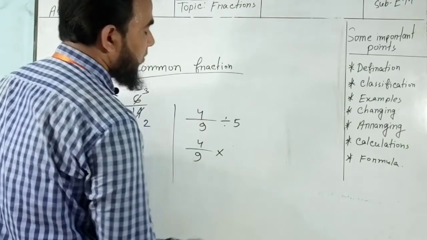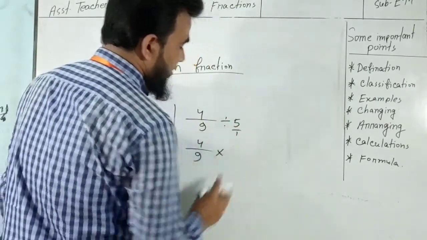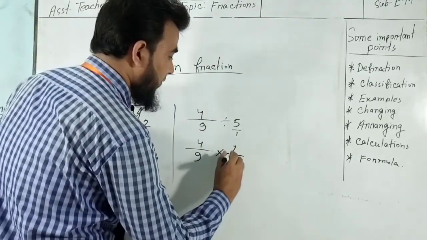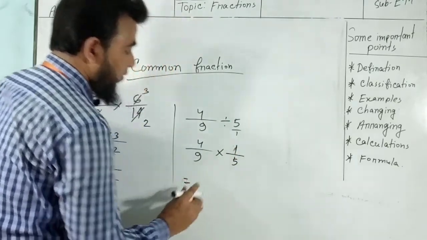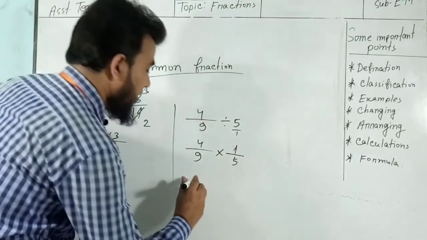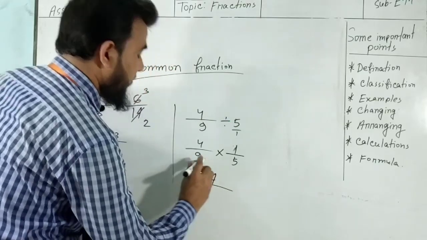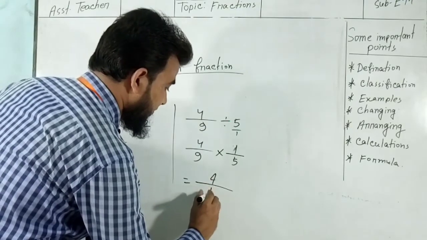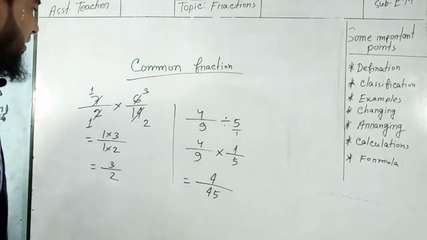So what will be the reciprocal of 5? You know that 5 has 1 as its denominator, so the reciprocal of 5 is 1 by 5. Then we can solve it as in our previous way. Look here, 4 into 1 will be 4, and if you multiply 9 with 5, it will be 45. So this way we can get the answer.